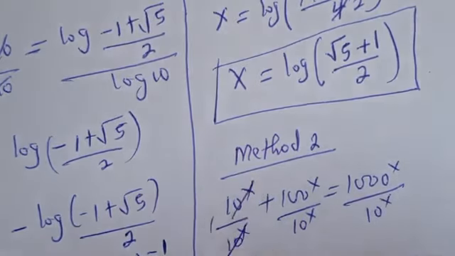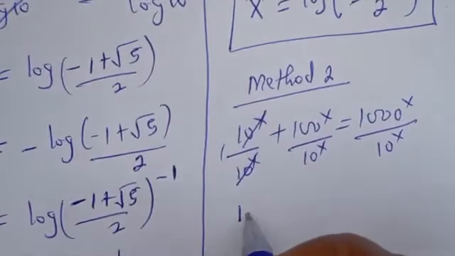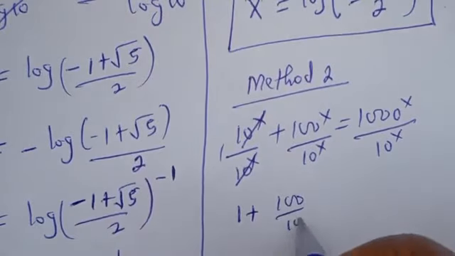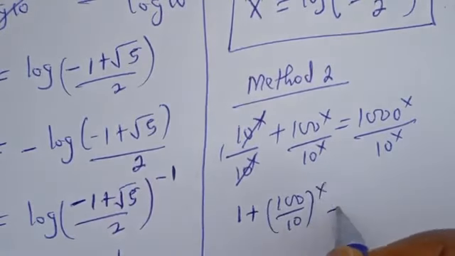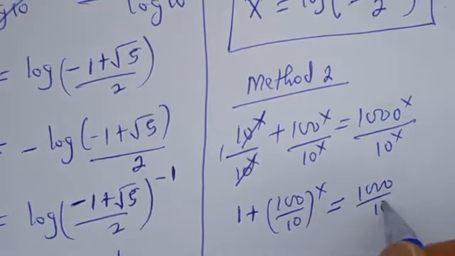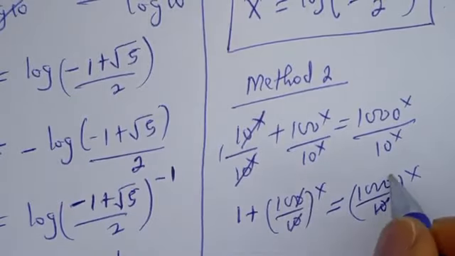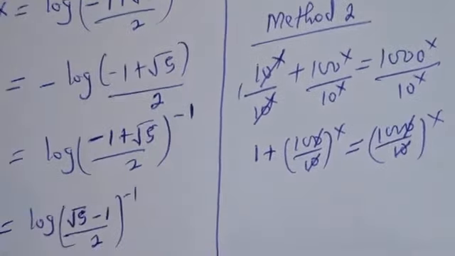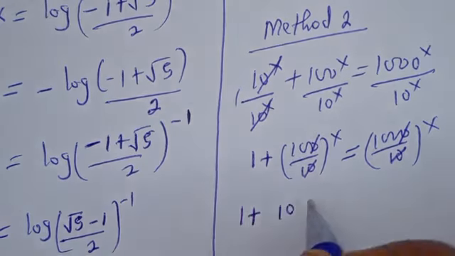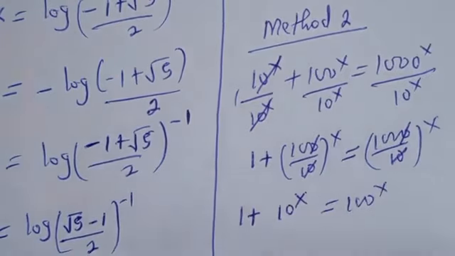This will cancel this 1. We have 1 plus, this can be written as 100 over 10 to the power of s, is equal to 1000 over 10 to the power of s. This will cancel this. Here is 1 plus 10 to the power of s is equal to 100 to the power of s.